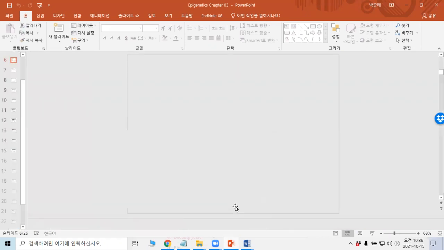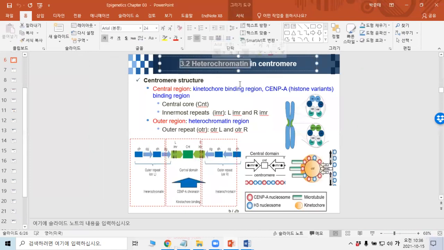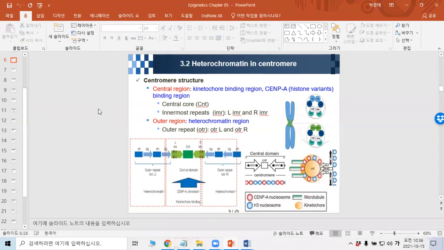This is the second subject, heterochromatin in centromere. In our homework, there was a question regarding the centromere structure.